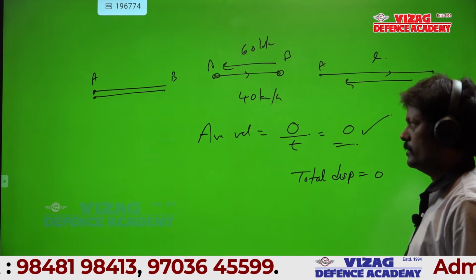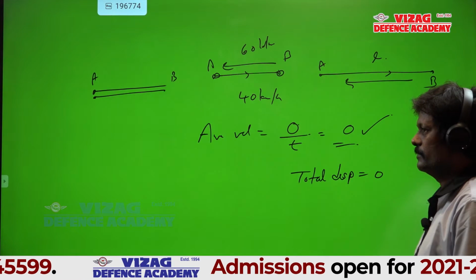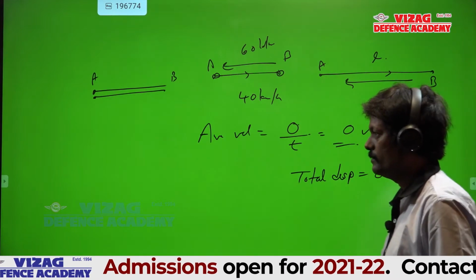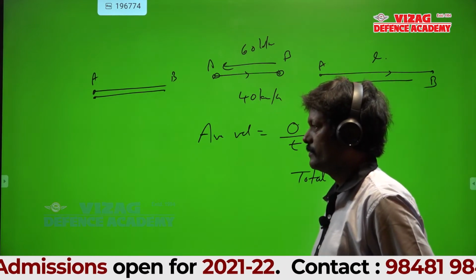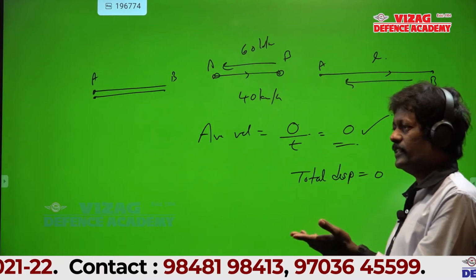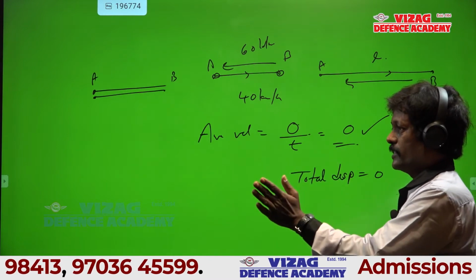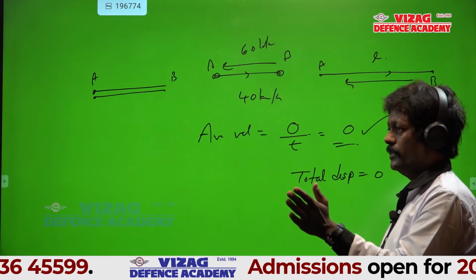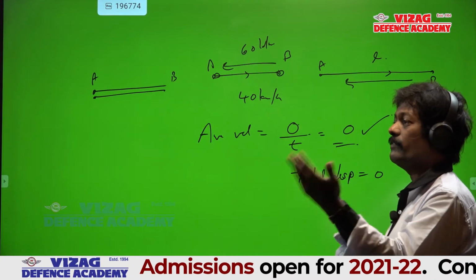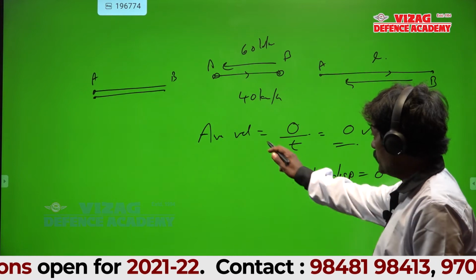What is your average mark? 50. See, there you are able to say, 60 plus 40 by 2, that is your average marks. Now, average velocity is 0.